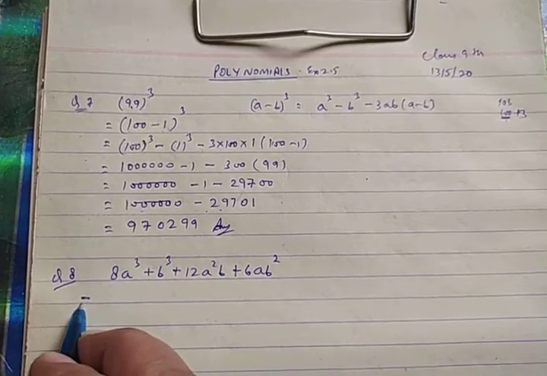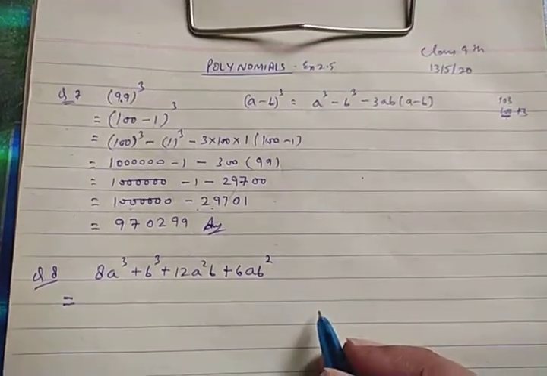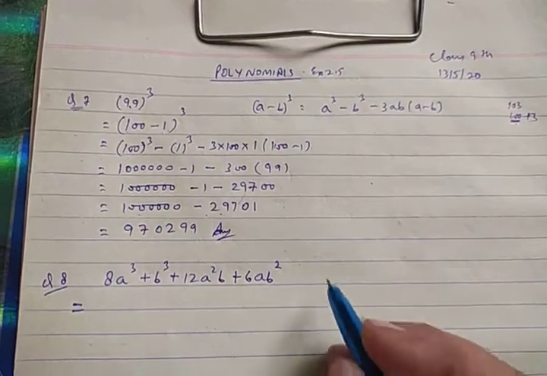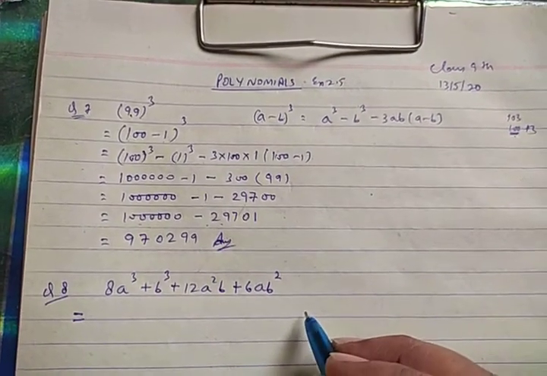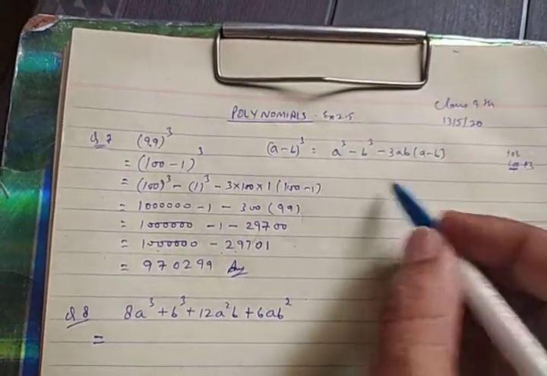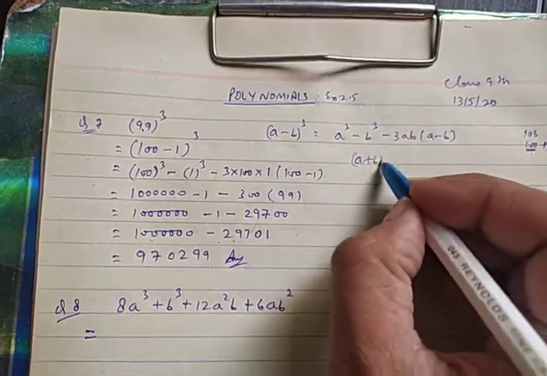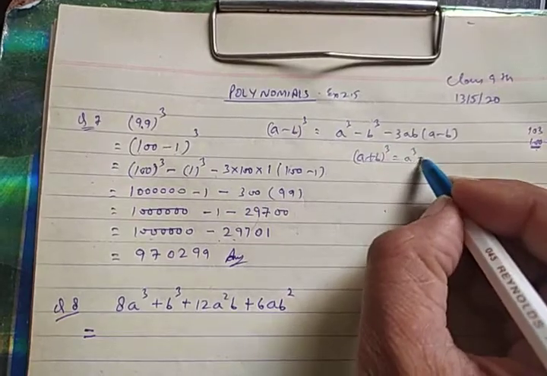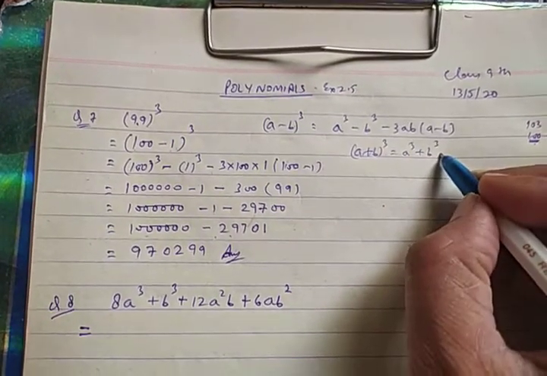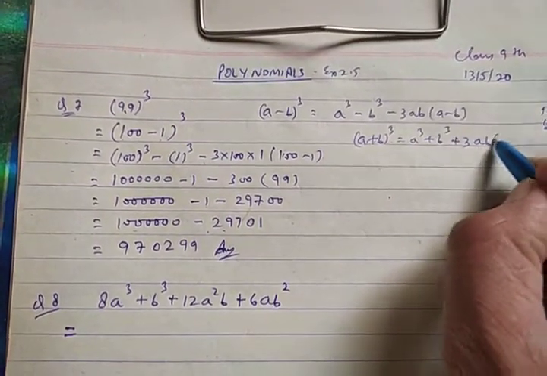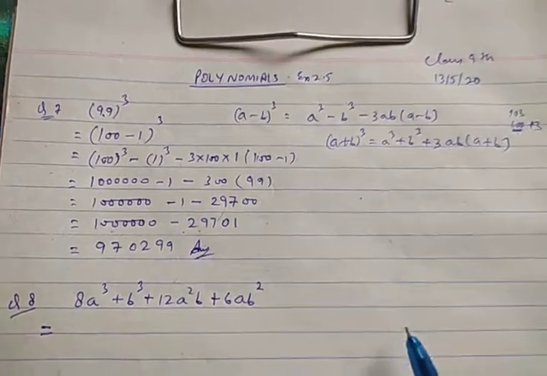Let us rewrite it. Before rewriting, I want to make you known with the formula of a plus b whole cube. A plus b whole cube would be a cube plus b cube plus 3ab(a plus b).